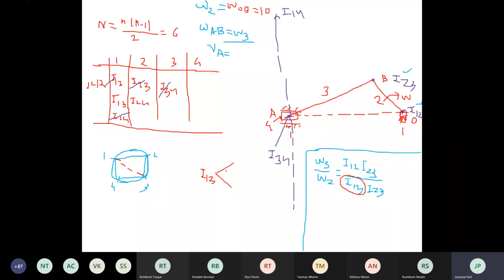Now tell me the two lines. First triangle: I12, I23. Then second triangle: I14, I34. Now see in the figure.